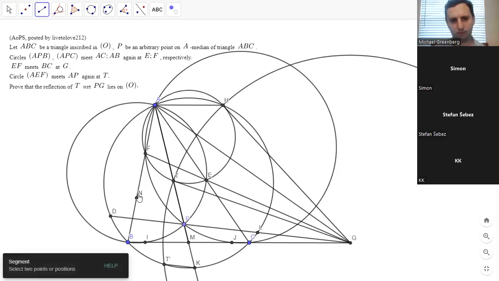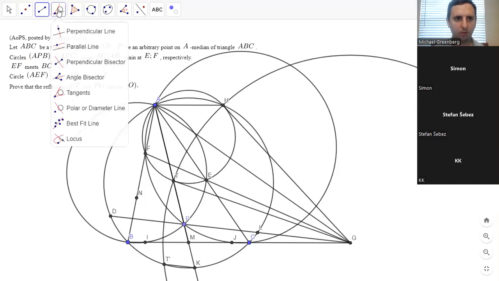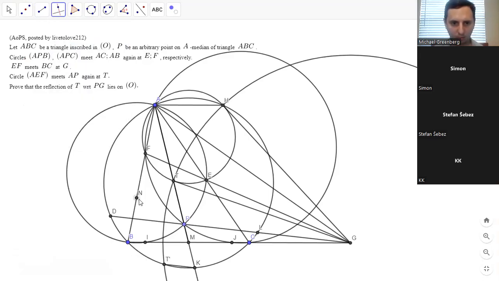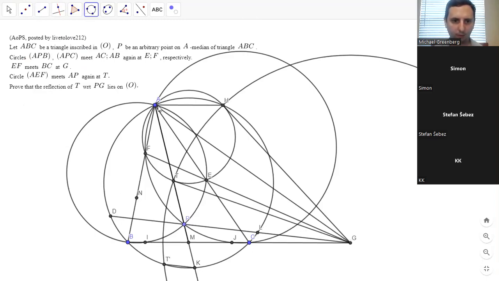Yeah. No, it's not gonna be that. Yeah, ANPH should be cyclic. And then, by the power ratio lemma, we would have PT equals PK. And we know MN is parallel to CF. I don't know if that helps.